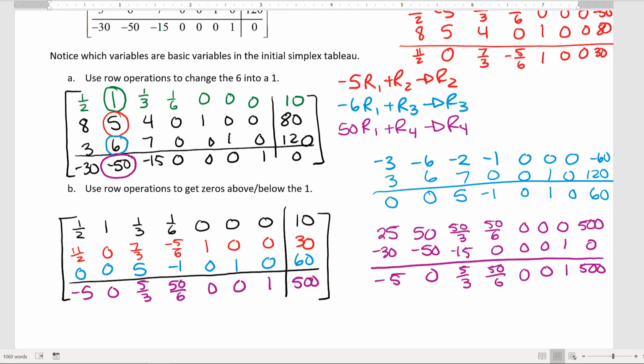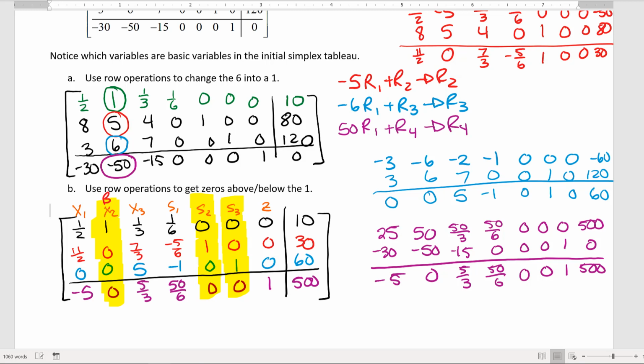So looking at the columns again, and I probably could label these x1, x2, x3, s1, s2, s3, and z. At this point, what are the basic variables? So the basic variables are the ones that have all 1s and 0s. So we have a basic on S2 and S3 just like we had before. But also now the pivot column is a basic variable.